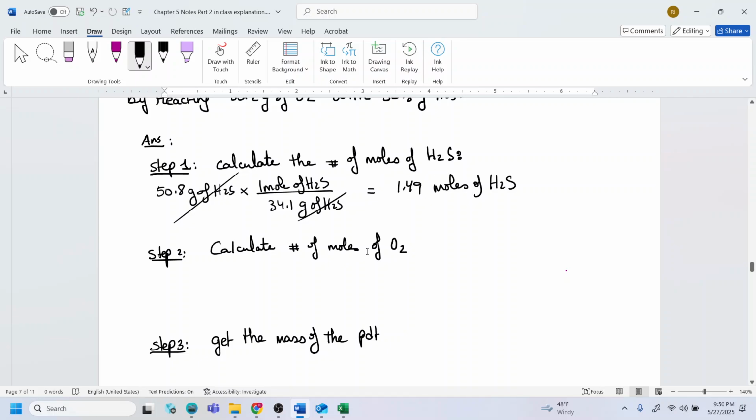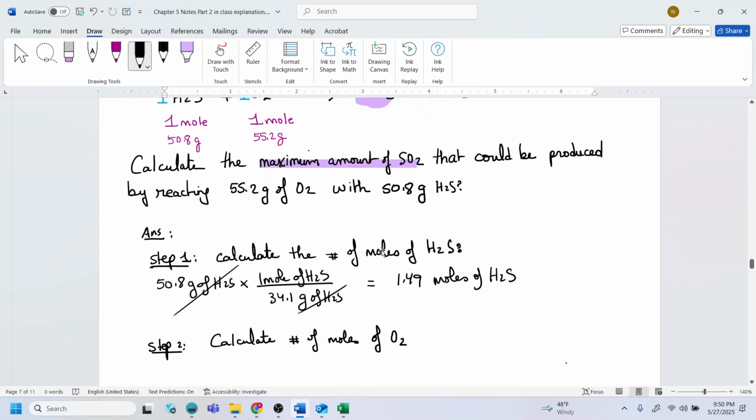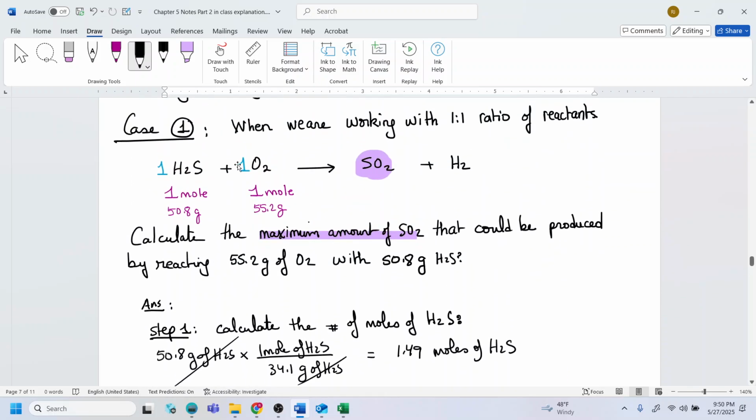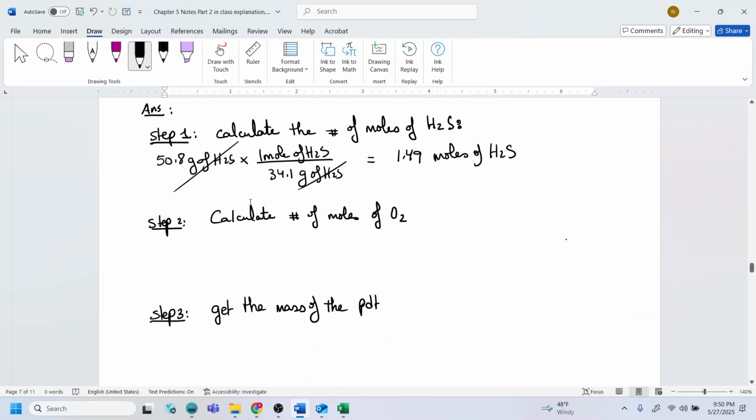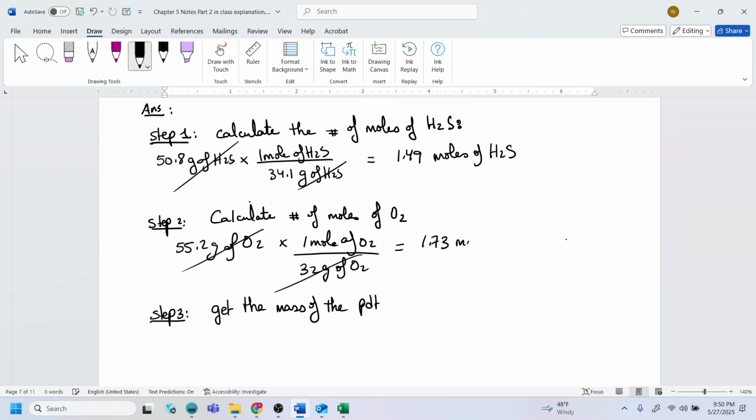I'm going to do the same thing and calculate the moles of the oxygen. So if I have a 1 to 1 mole ratio, then I start by calculating the moles of each one of these reactants. So 55.2 grams of oxygen multiplied by 1 mole of oxygen divided by 32 grams of oxygen, then I'm going to end up getting 1.73 moles of oxygen.